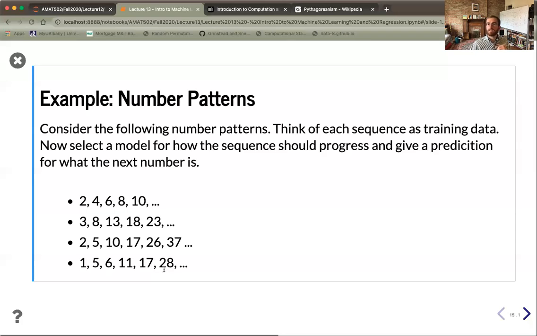This is an instance of a Fibonacci type pattern where the difference is proportional to the number before. So I just add the previous number to get the next one. Or I add the previous 2 to get the next one, because 6 and 11 is 17, and 11 and 17 add together to give 28.